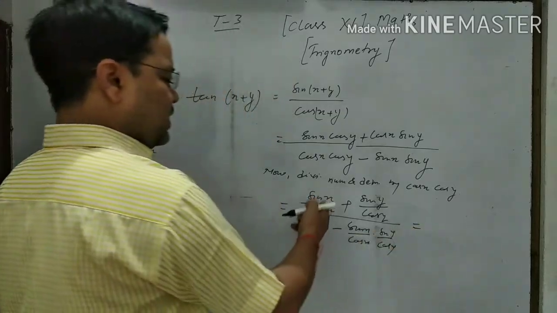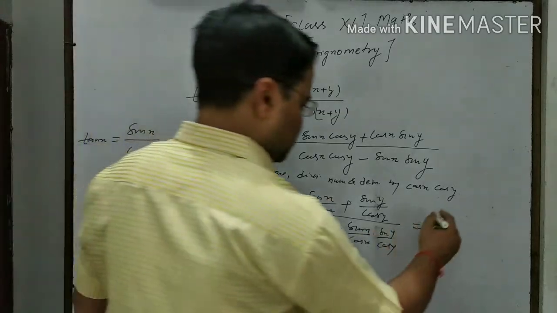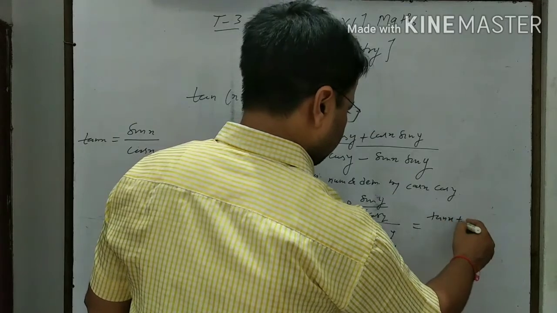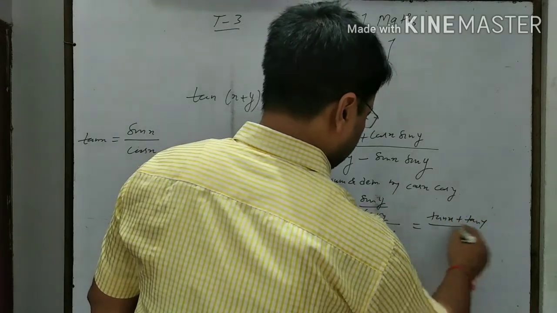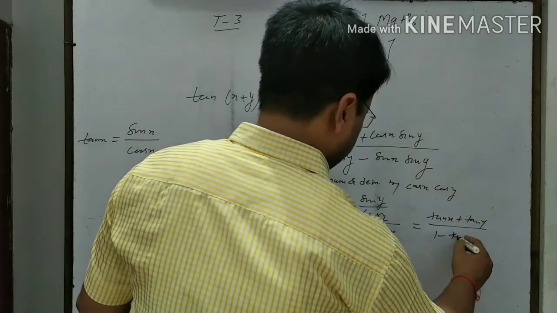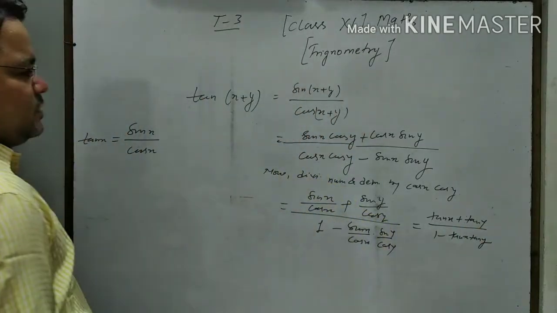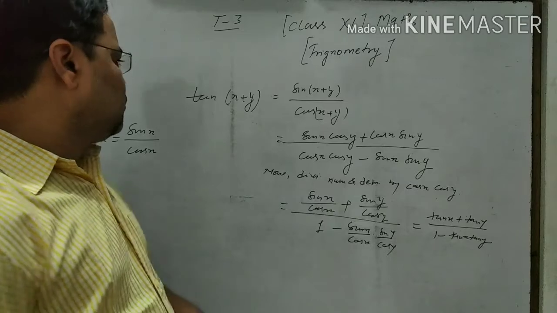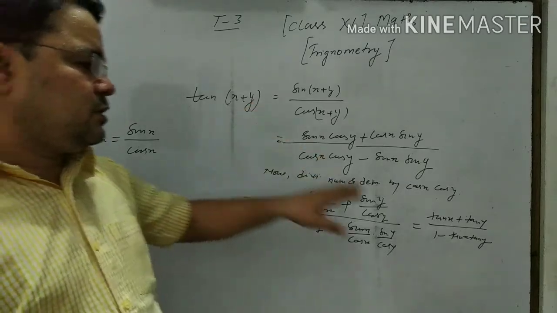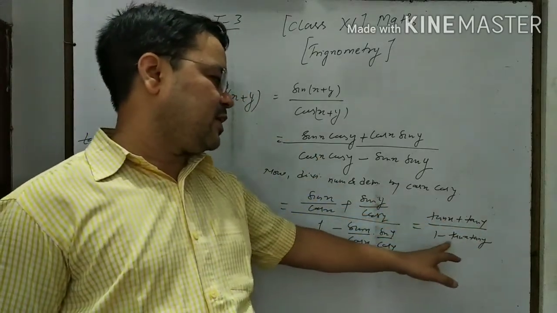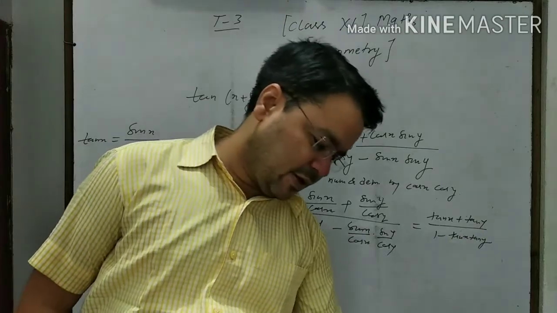Again we know that sin x upon cos x is equal to tan x. It will be tan x plus tan y upon 1 minus tan x tan y. In this way we create one more formula. Tan x plus y is equal to tan x plus tan y upon 1 minus tan x tan y.